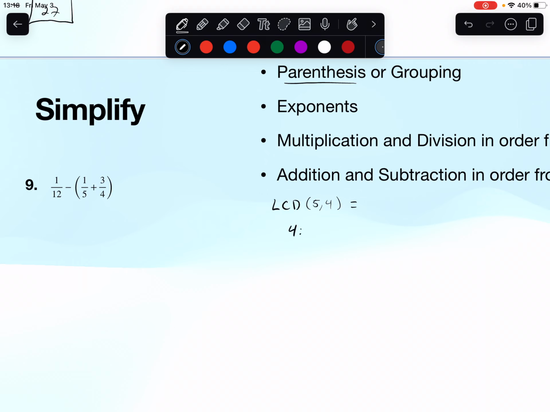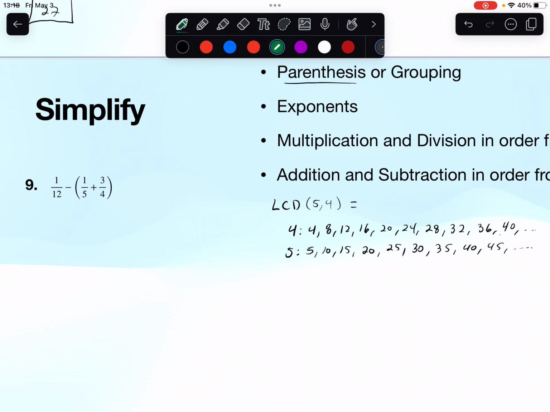If we look at multiples of 4: 4, 8, 12, 16, 20, 24, 28, 32, 36, 40, etc. And multiples of 5: 10, 15, 20, 25, 30, 35, 40, 45, etc. Notice that a common multiple is 40, but the smallest or the least is 20. So our least common multiple here is 20. And we want to go with the smaller ones, smaller numbers, which is easier to work with.